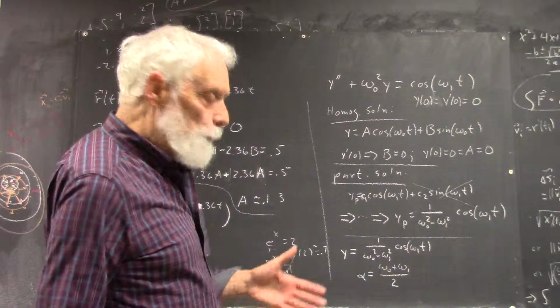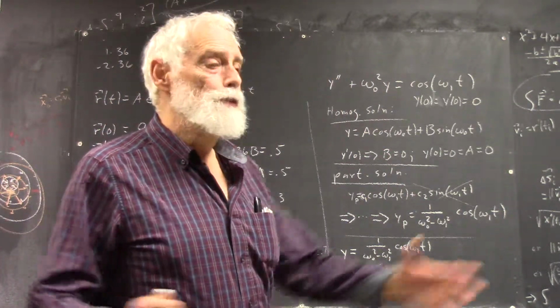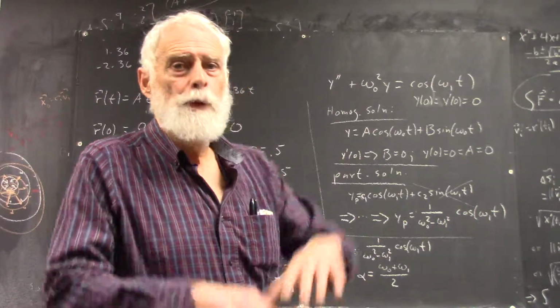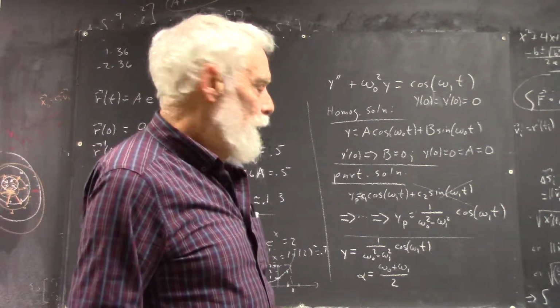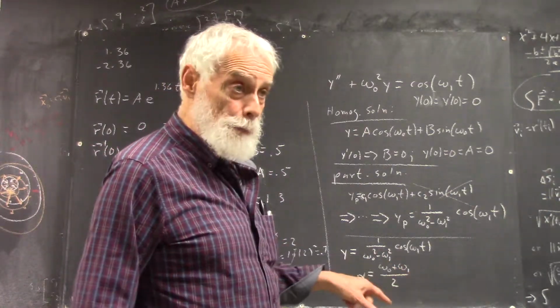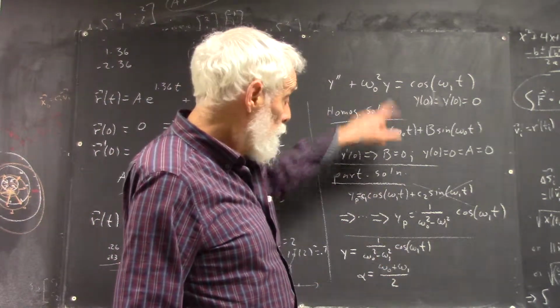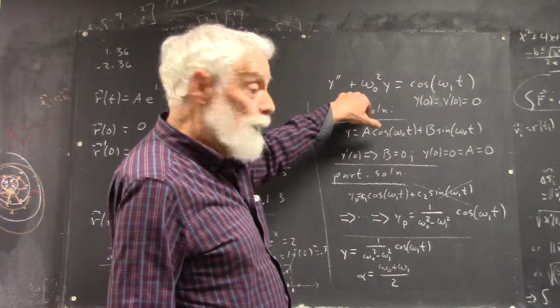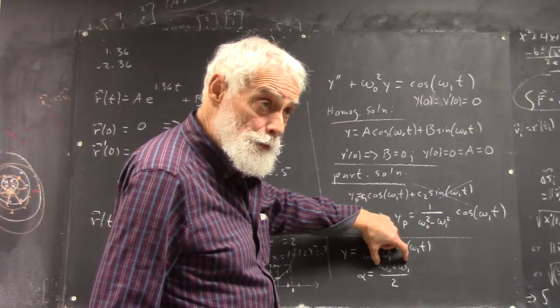And that average is pretty much the frequency of this kid's increasing and decreasing oscillations. Okay? Not the frequency with which the envelope changes, but the frequency of each oscillation is going to be somewhere between omega naught and omega 1, and actually for an omega 1 that's close to omega naught, in other words, for a driving frequency that's close to the natural frequency, could be very close to the average.